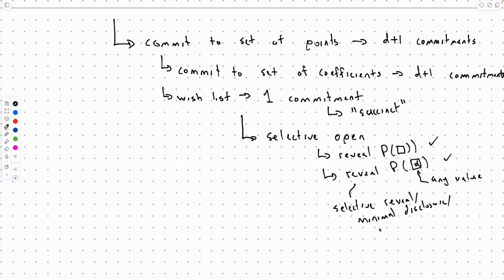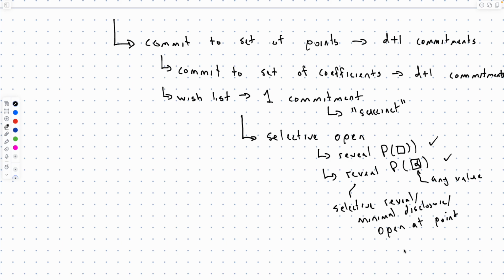And for polynomials specifically, we say we open at a point. So I have a way of opening the commitment to the polynomial, but I can also just open the polynomial at that one point.